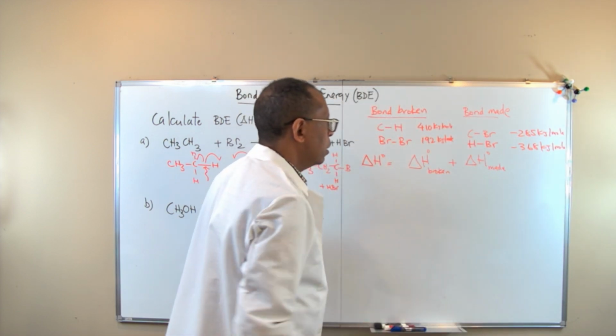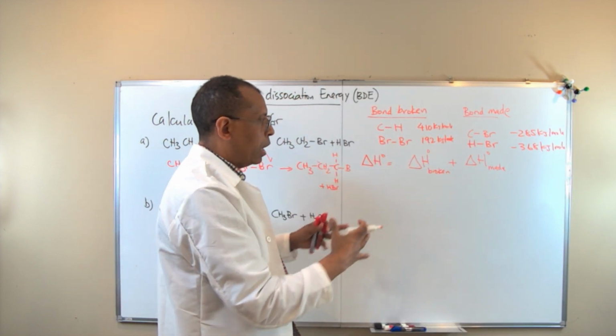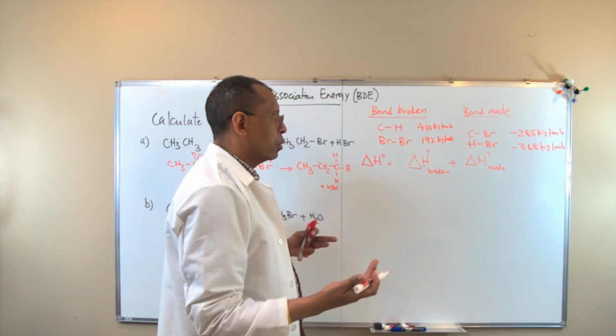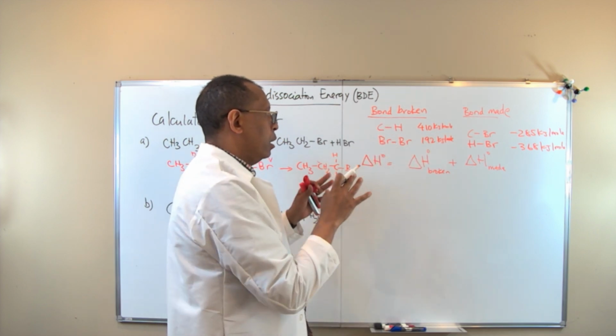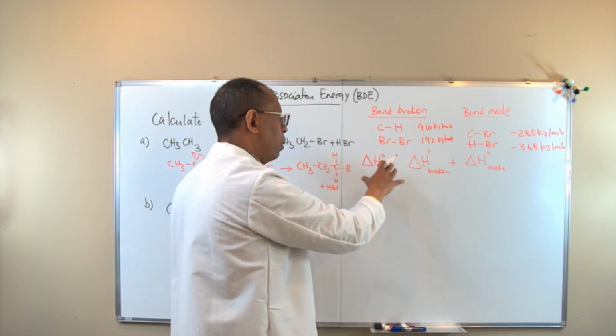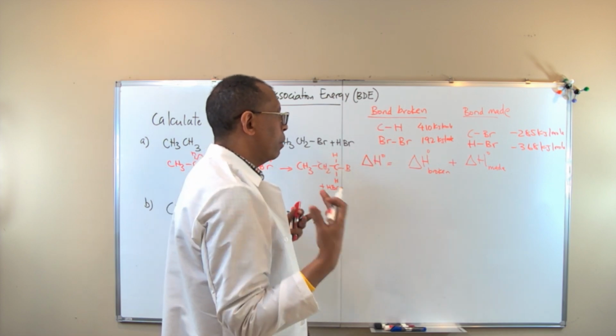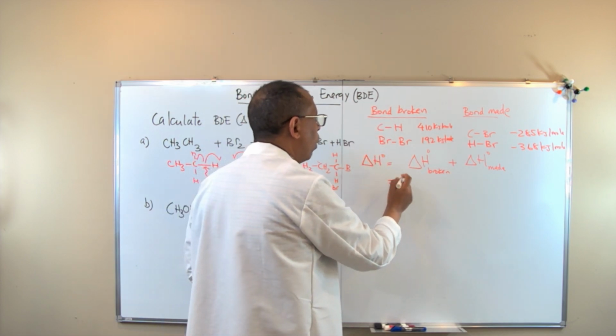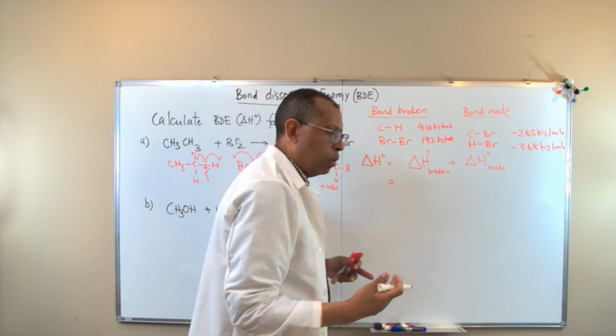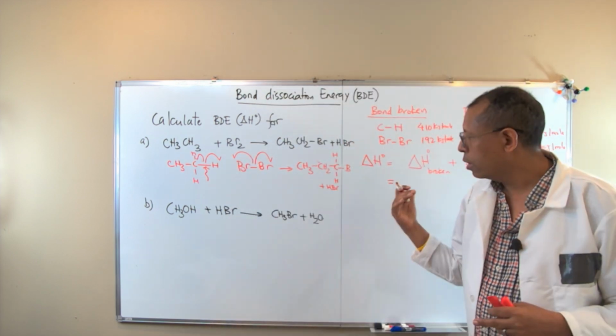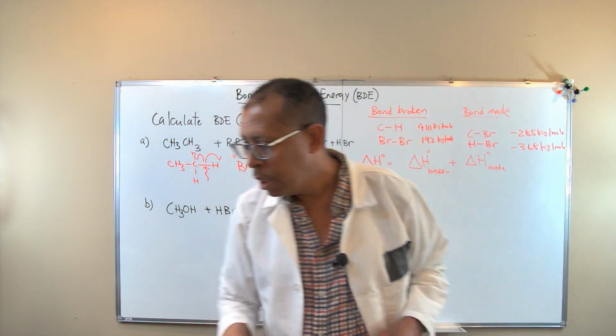What it tells us is all of the bond making are negative, that means exothermic, and the dissociation energies or the bond breaking energies are all endothermic, meaning that you need to put more energy into the system.